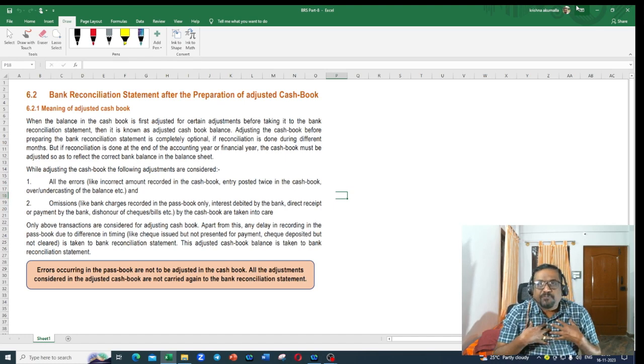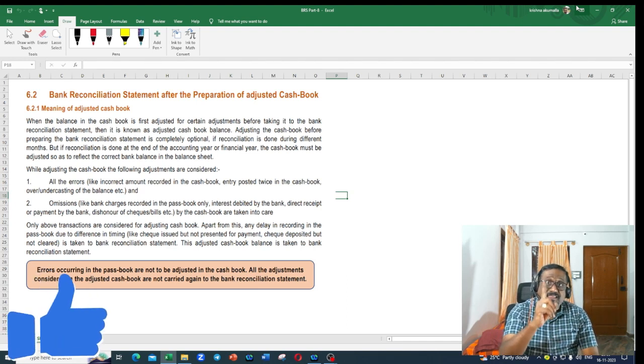Whatever mistakes I made on my cash book side, I rectified in my books. Can you please rectify your mistakes at your end? Then the banker will start rectifying that as well. Once these two rectifications are done, only then is your job completed in terms of reconciliation.